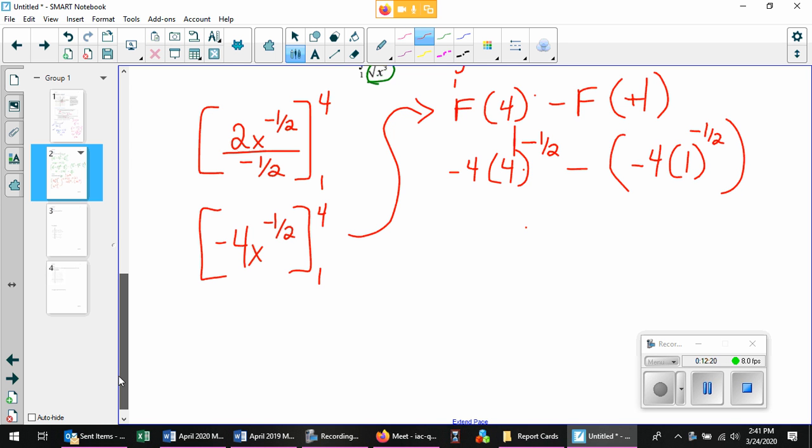And if I evaluate that, this is going to give me a negative 2. This will give me a positive 4. Sorry, it'll be a subtract, subtract. So my answer will be 2. So the area under the curve is 2.